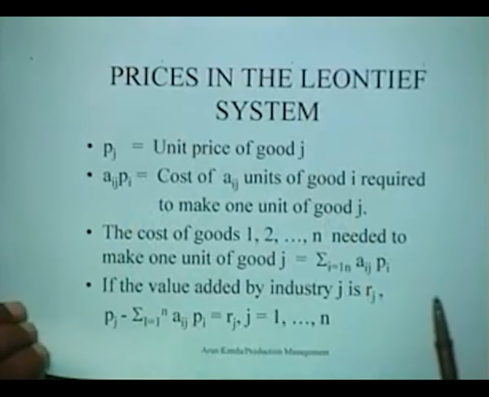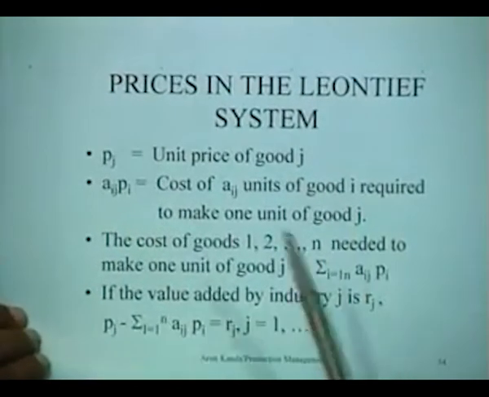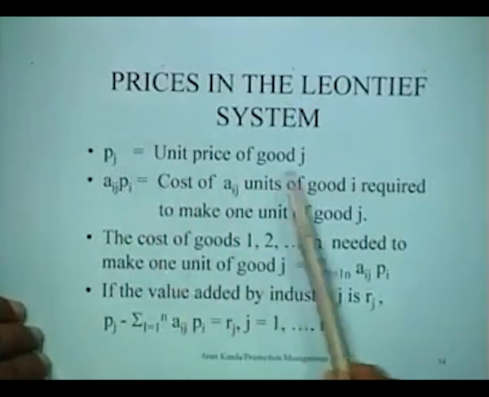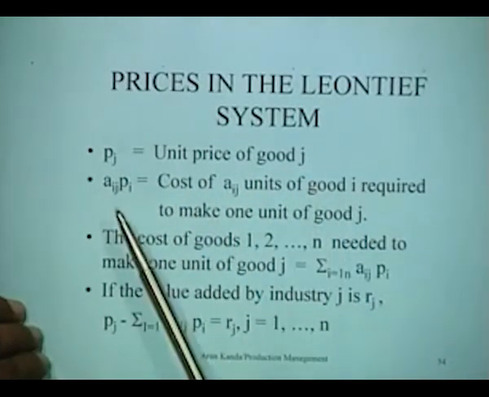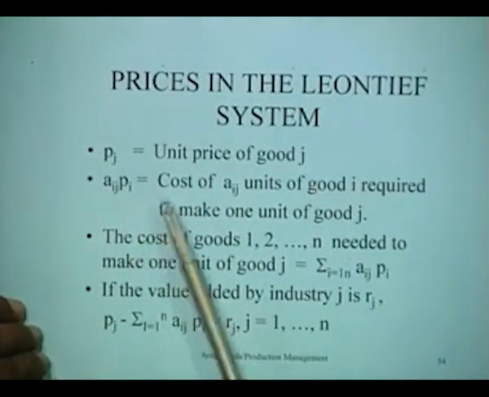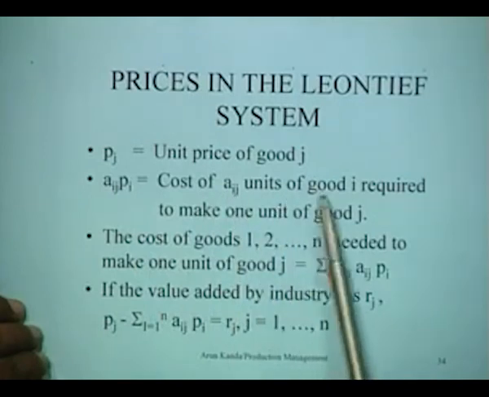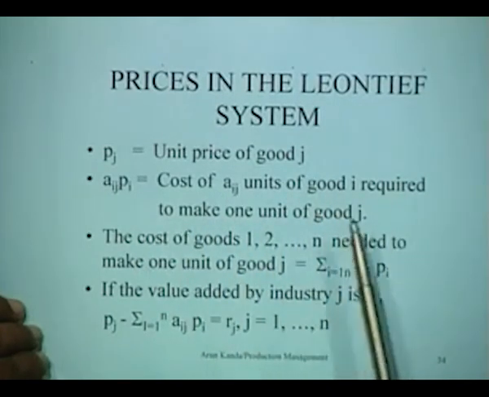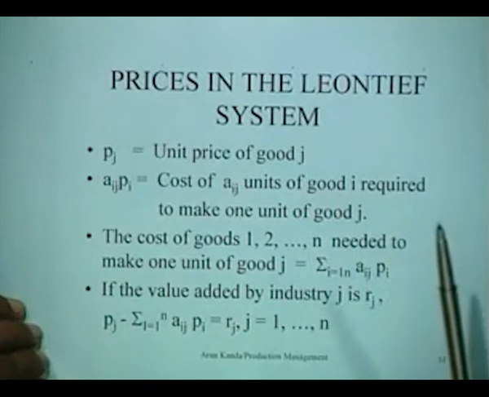The second aspect of this model is the prices in the Leontief system. If Pj is the unit price of good j, then Aij Pi would be the cost of the Aij units of good i required to make 1 unit of good j. Simple.